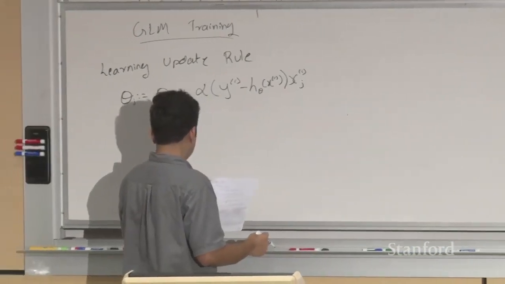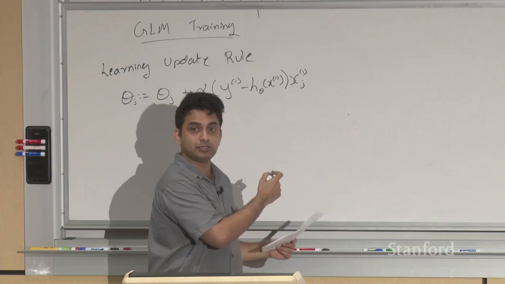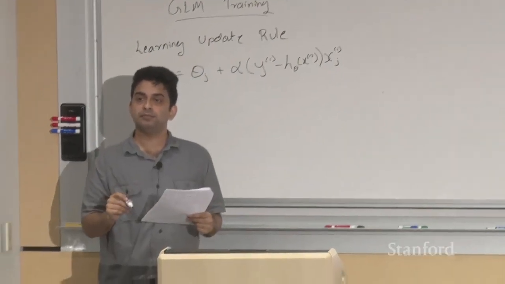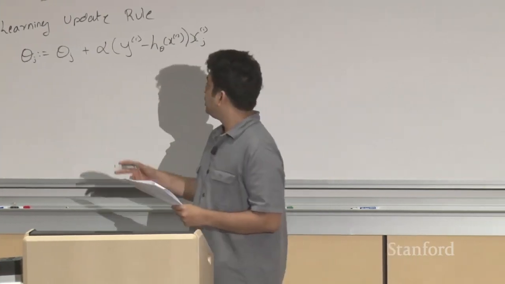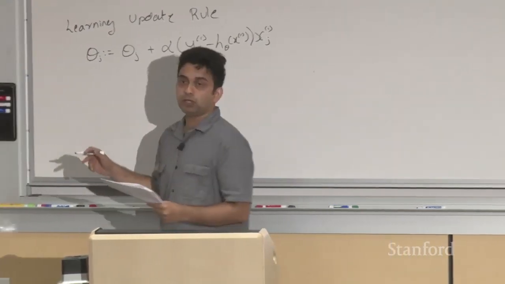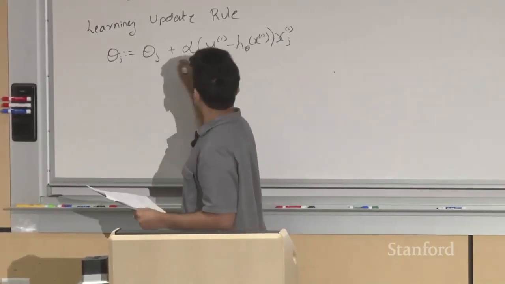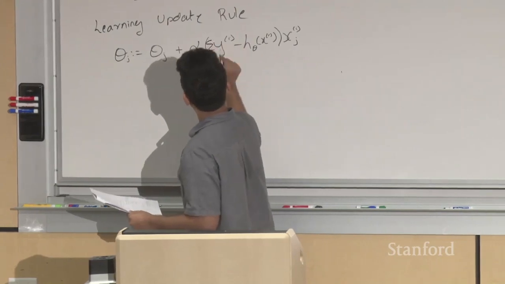So, any question on this? Yeah. If you want to do it for batch gradient descent, then you just sum over all your examples.